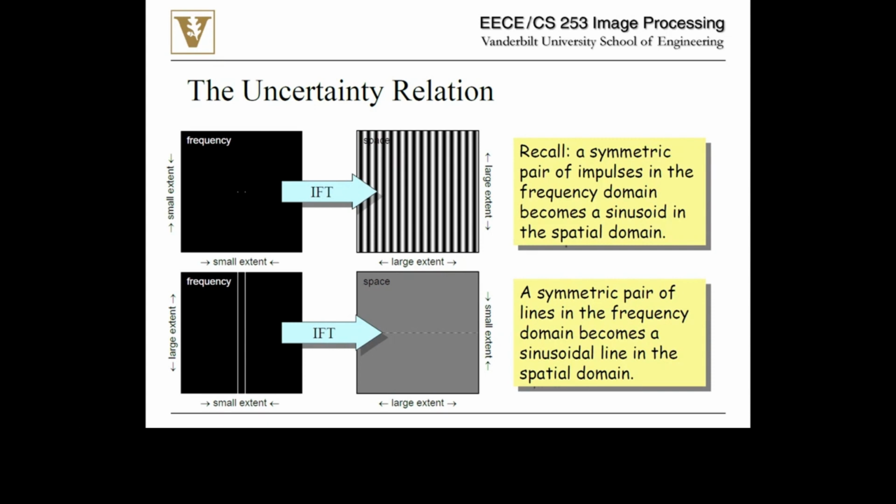Now let's say that instead of a couple of deltas, I have in this direction a couple of deltas, but in this direction I have a constant. So now my new Fourier transform will be this. It is 1, 1, 1 everywhere, and then 0 in this direction, except for 1, then 0, 1, and then 0 again. Now, what is the inverse Fourier transform?